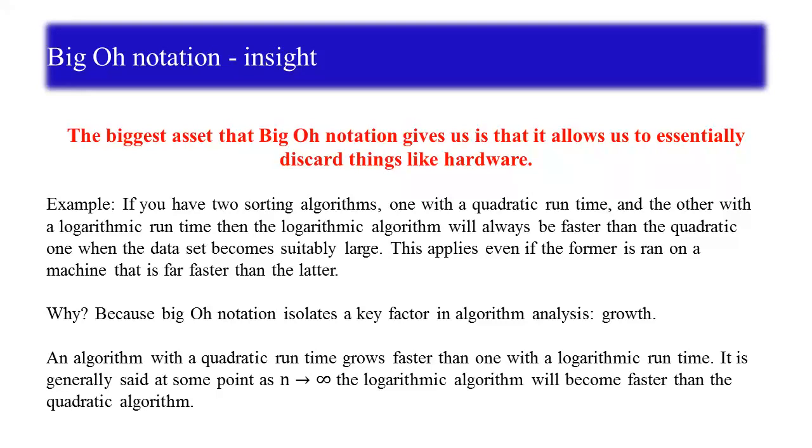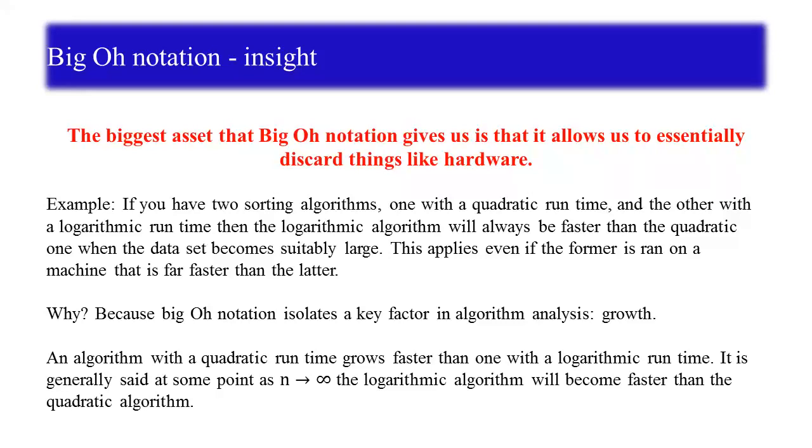This can be compared only when the input size grows sufficiently, because below that we may feel that logarithmic is slower than quadratic. Please note, this applies even if the former is run on a machine that is far slower than the latter.